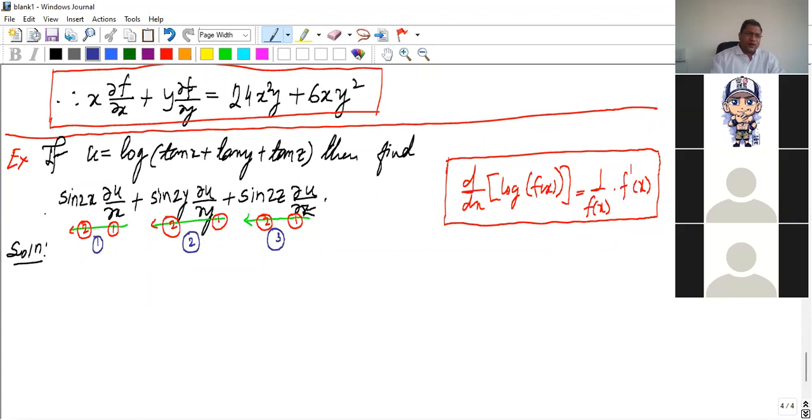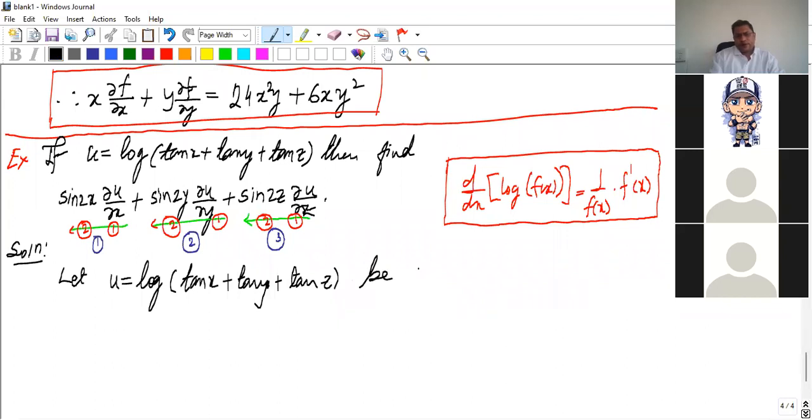Okay, so let us try. Let u is equal to log of tan x plus tan y plus tan z be a function of x, y, and z.